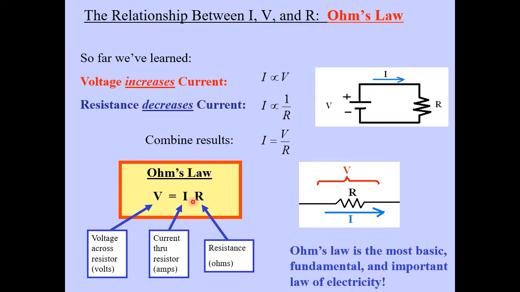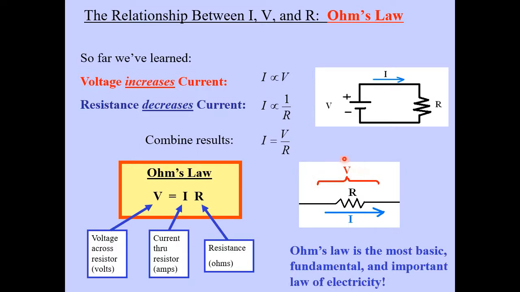So let's make sure we're clear on how to interpret Ohm's law. What V means in Ohm's law is the voltage across the resistor. Remember, our circuit symbol for a resistance or a resistor is this zigzag line. A voltage is actually a voltage difference that could be, for example, measured across this resistance.